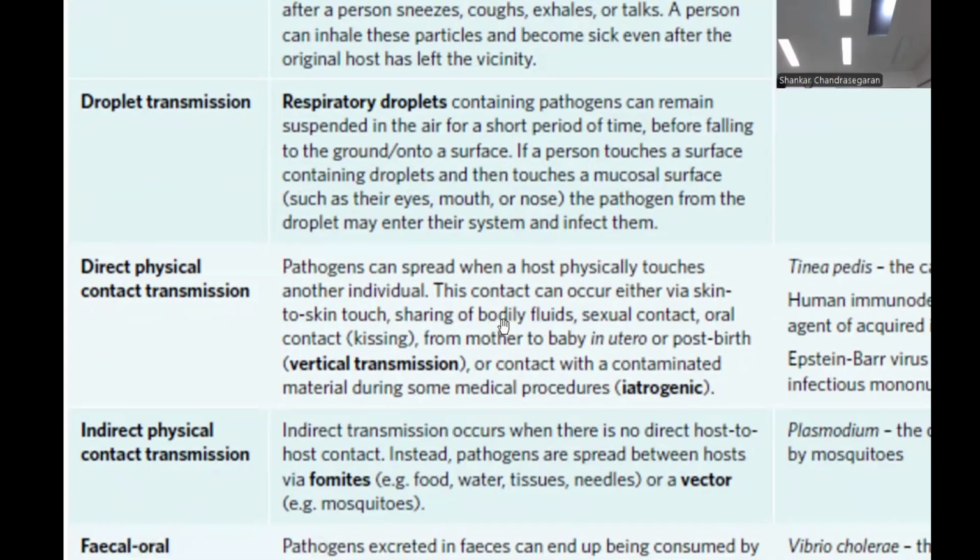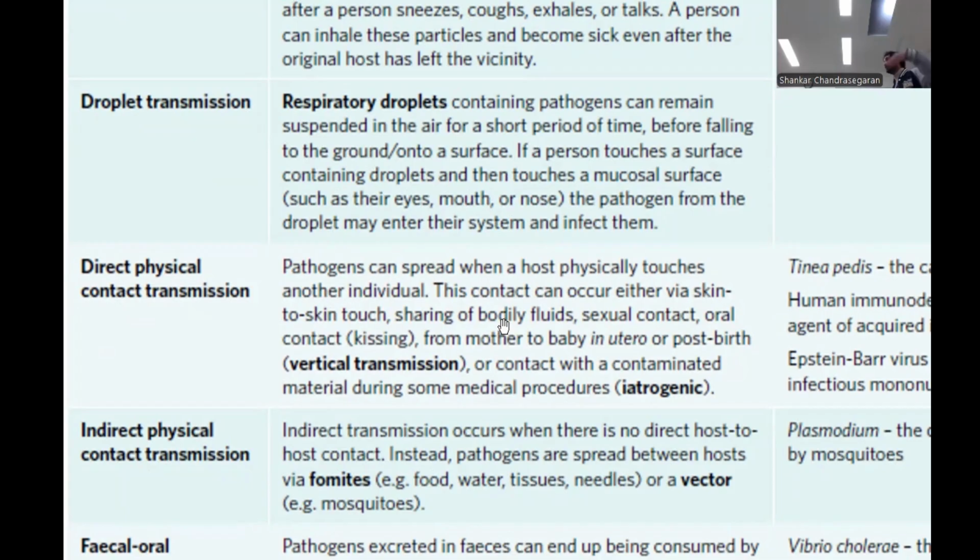Some diseases require not just normal physical contact, they need, what's the word I'm looking for, sharing of bodily fluids kind of physical contact. That happens basically during sexual intercourse. And another example that can also spread disease is kissing, but not all diseases that spread through sexual contact can spread through kissing, right?